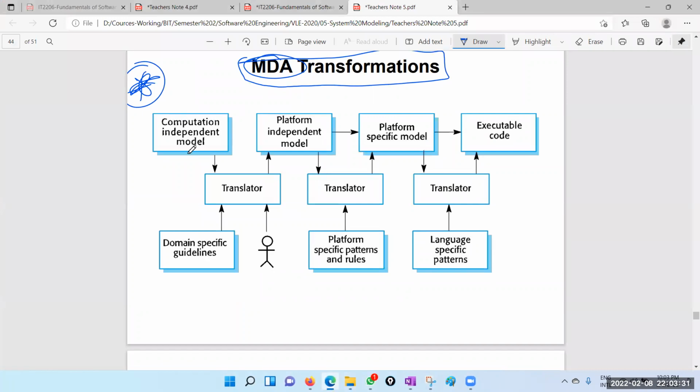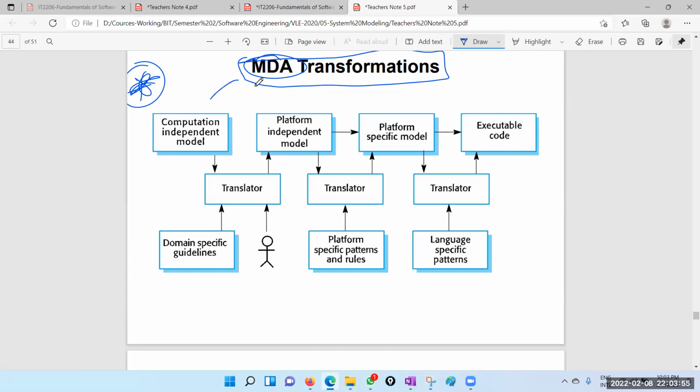Right. So computation independent model, with some domain specific guidelines, is translated to platform independent model. For that one, with some platform specific patterns, it is translated to platform specific model. To that, when you add some language specific concepts, it can generate the final code as well.